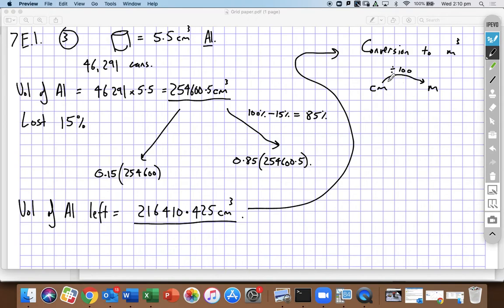But we don't have centimetres and metres. We've got cubic centimetres and cubic metres, so we have to divide by 100 cubed, right? So the volume of aluminium in cubic meters would be this amount here divided by 100 cubed, which is actually 1 million, right?